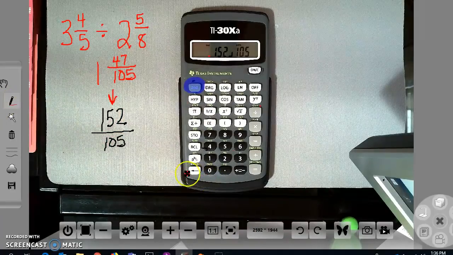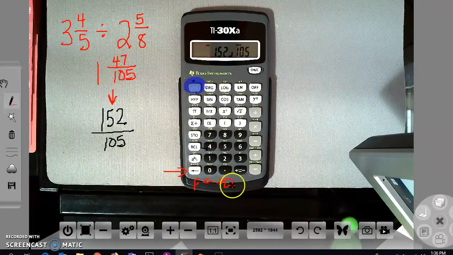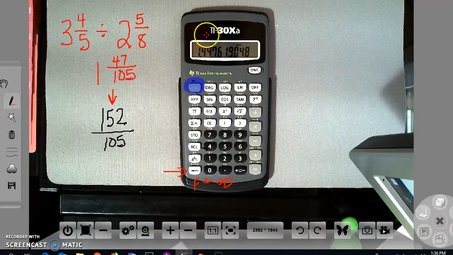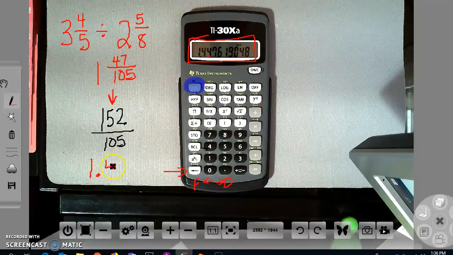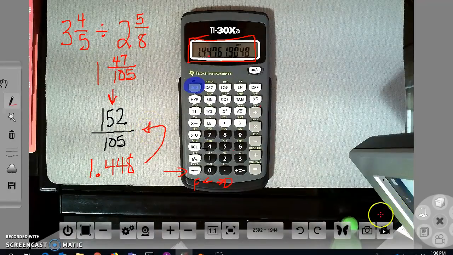And if you notice here, above the line is the F with an arrow and the D with an arrow. So we're going from fraction to decimal or decimal to fraction. This then is the decimal for the fraction of 152 over 105.